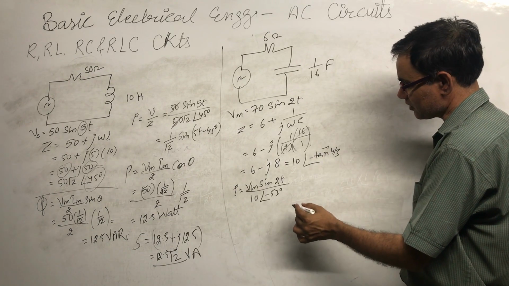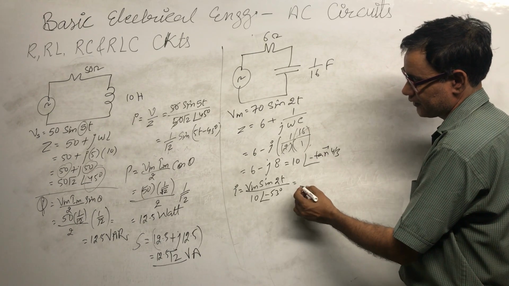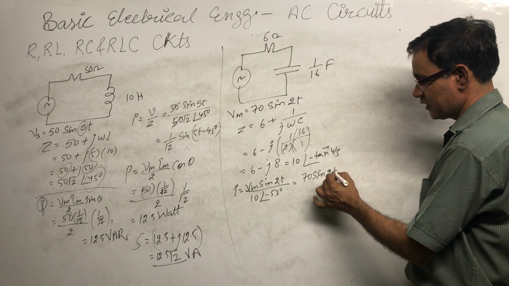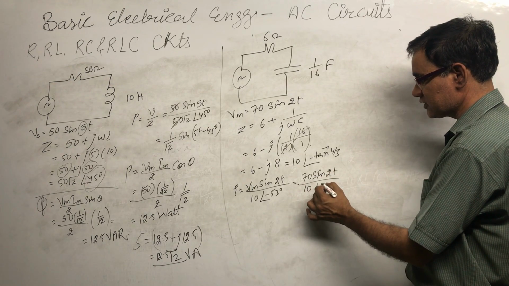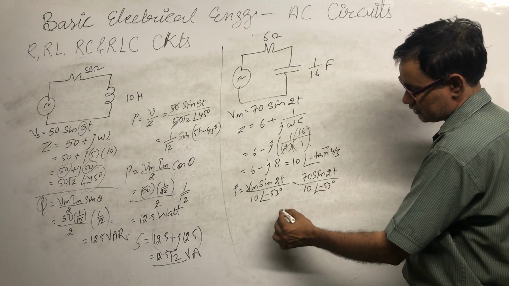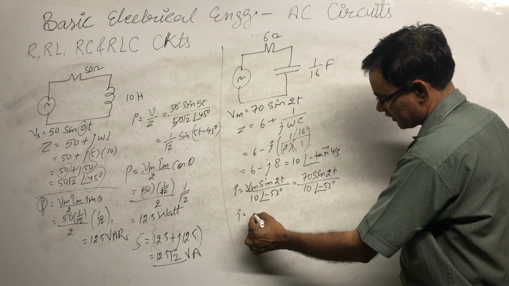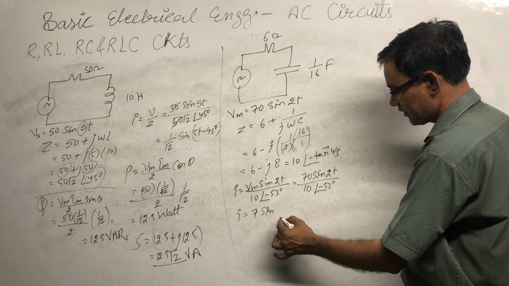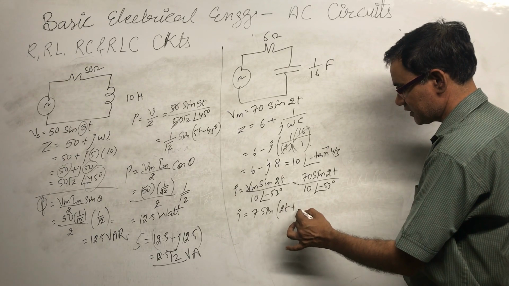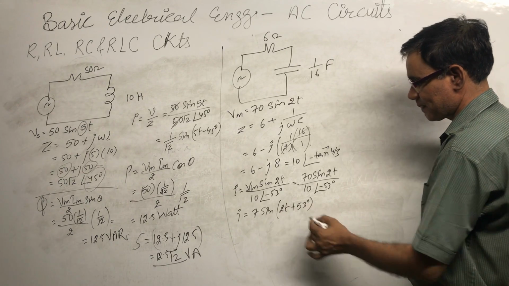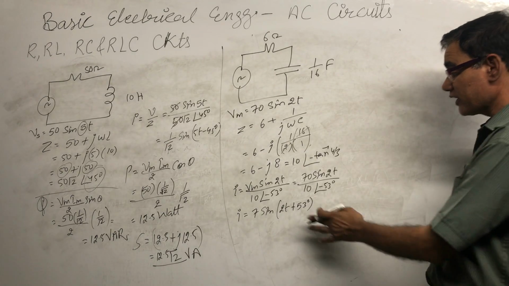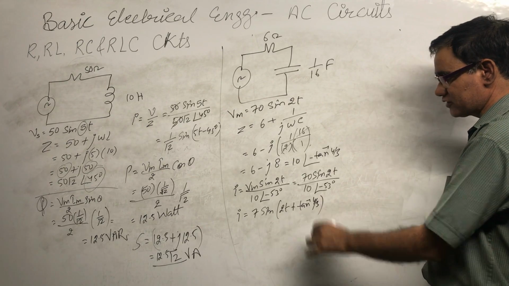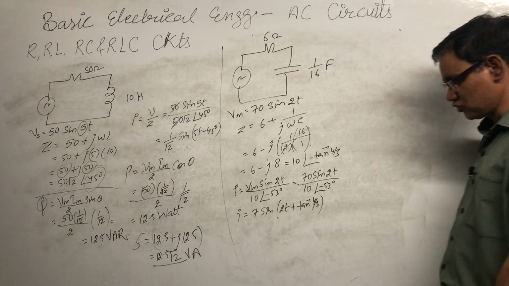So it becomes 70 sine of 2t divided by 10 at angle minus 53 degrees. Therefore the current is 7 sine of 2t plus 53 degrees. Otherwise, if you do not know the value, you can write tan inverse 4 by 3 also. It is the correct answer.